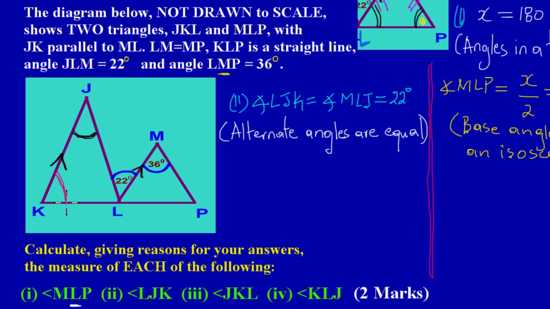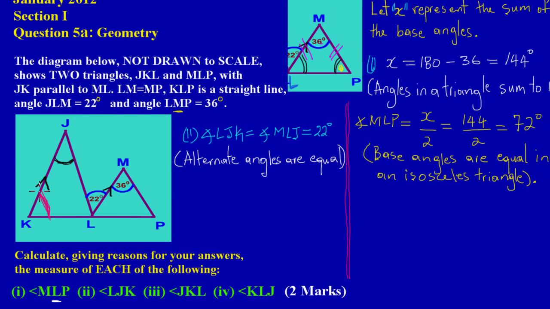Now, my friends, if you notice carefully, since initially they had stated to us that the line segment JK is parallel to the line segment ML, then it simply means that this angle JKL that they're asking us to find, that I've marked in red, must be the same size as the angle MLP, this angle here at L that I'm also coloring in red, because ML was parallel. They stated ML is parallel to JK. So basically, when you have a situation like that, we have a pair of corresponding angles there.